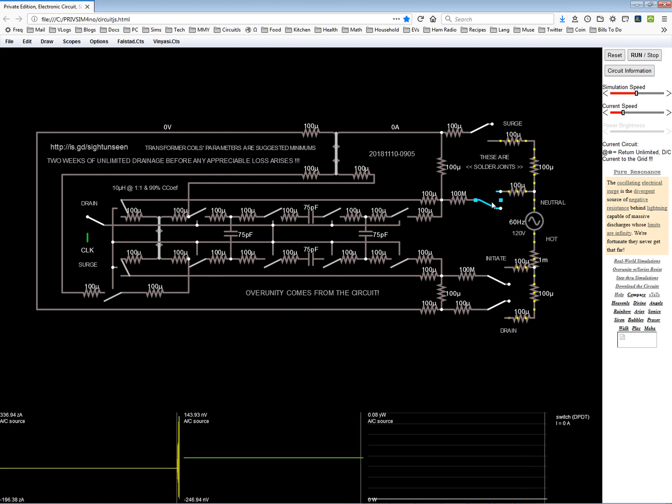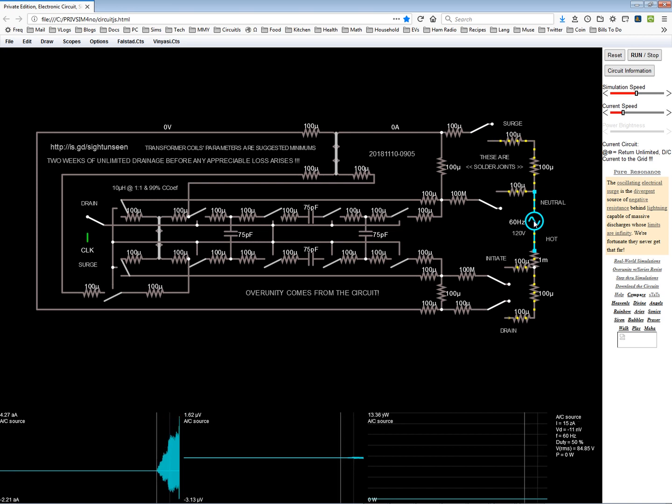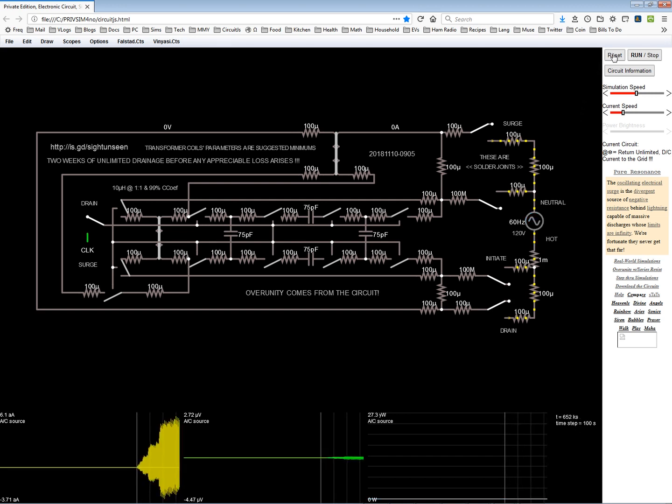Oh dear, I lost the voltage waveform. Why did this die? Why did it die? Go figure. It just died. There's no power coming out of this anymore. That's weird. I wonder why.